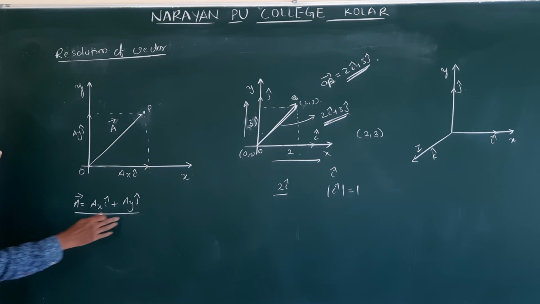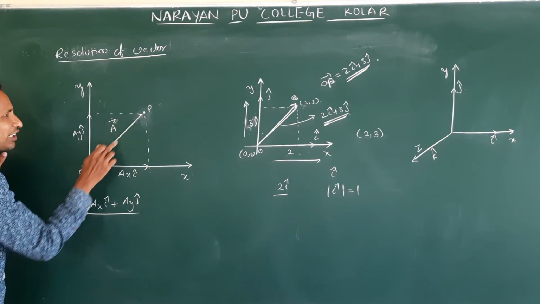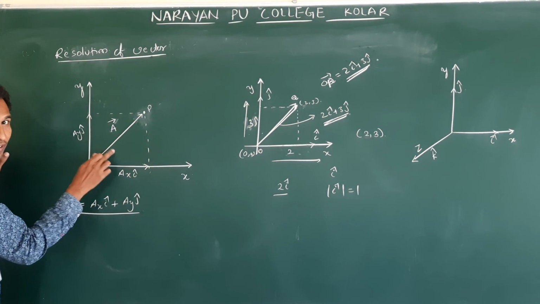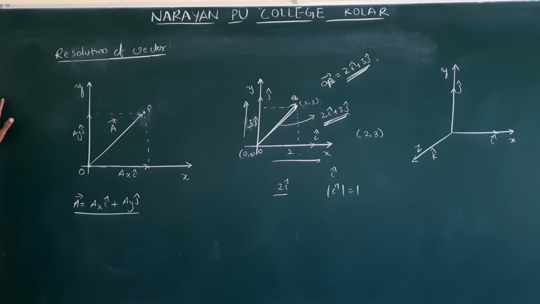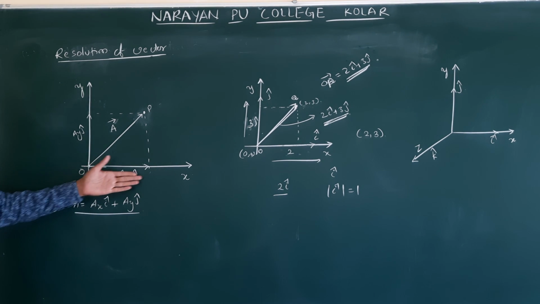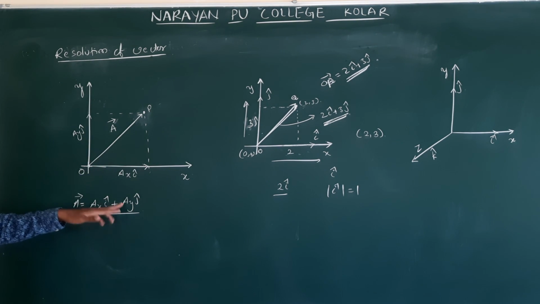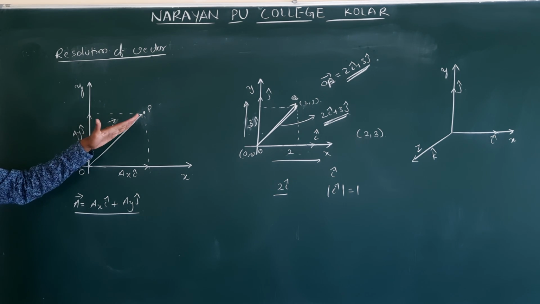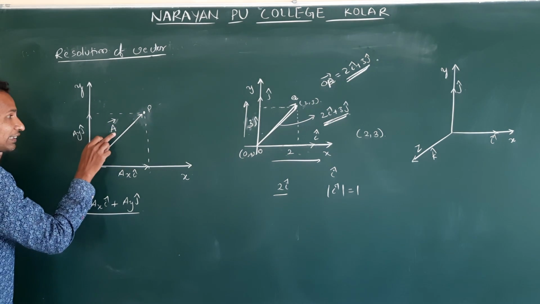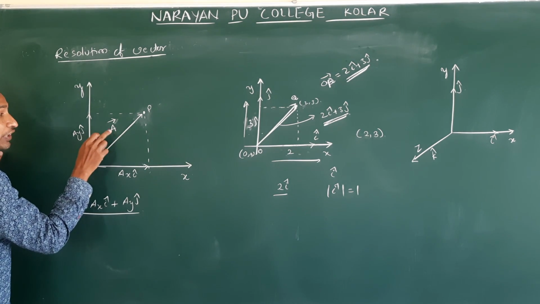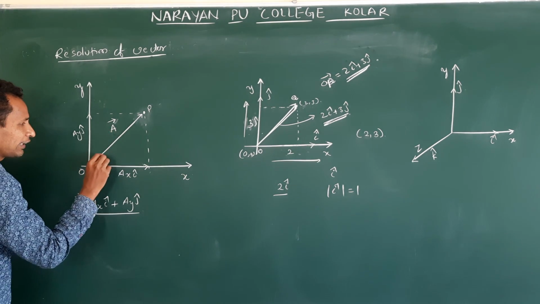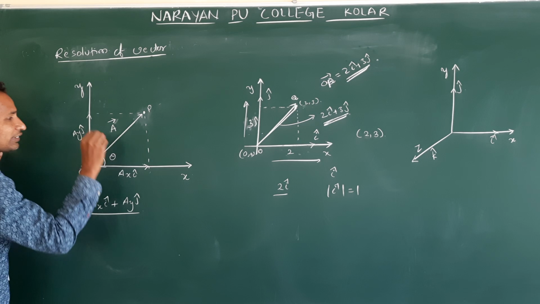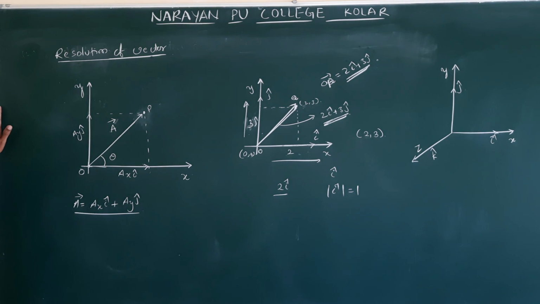Clear? Then, what is the direction of this vector A? This is a very important question. Ax direction we already know, that is acting along x direction. Ay is y direction. But what is the direction of A? To find this direction, we represent the direction of A with theta.